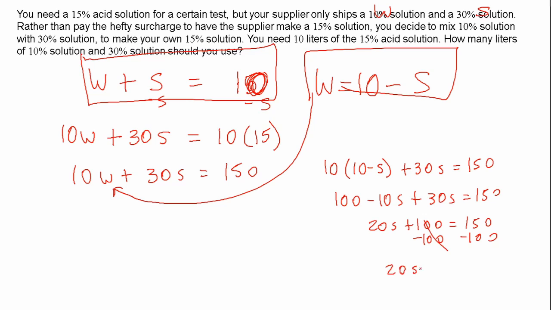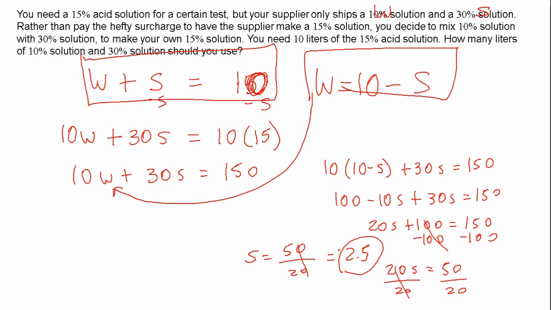We're left with 20S equals 150 minus 100, which is 50. Let's divide both sides by 20 to get S by itself. S equals 50 divided by 20. We can cross these zeros out to make this 5 divided by 2. 5 divided by 2 is 2.5.